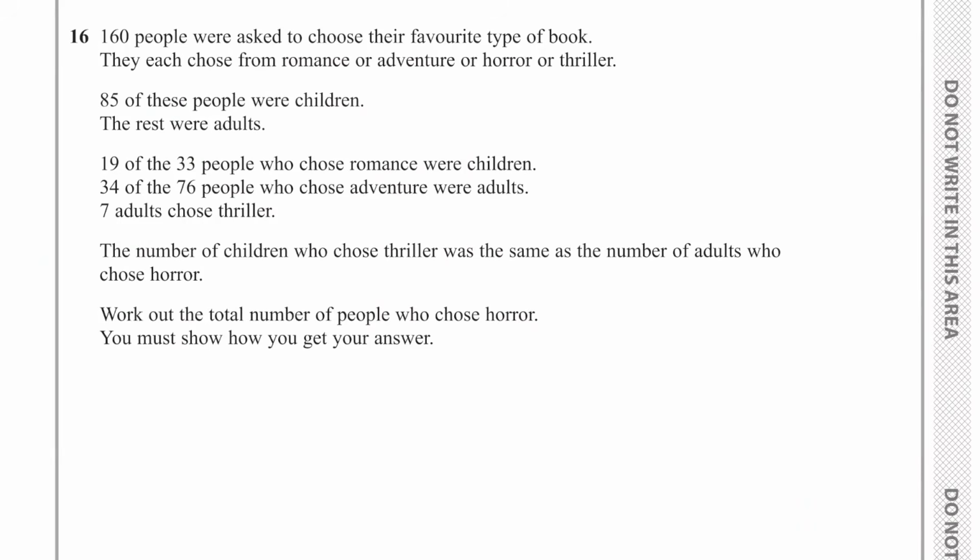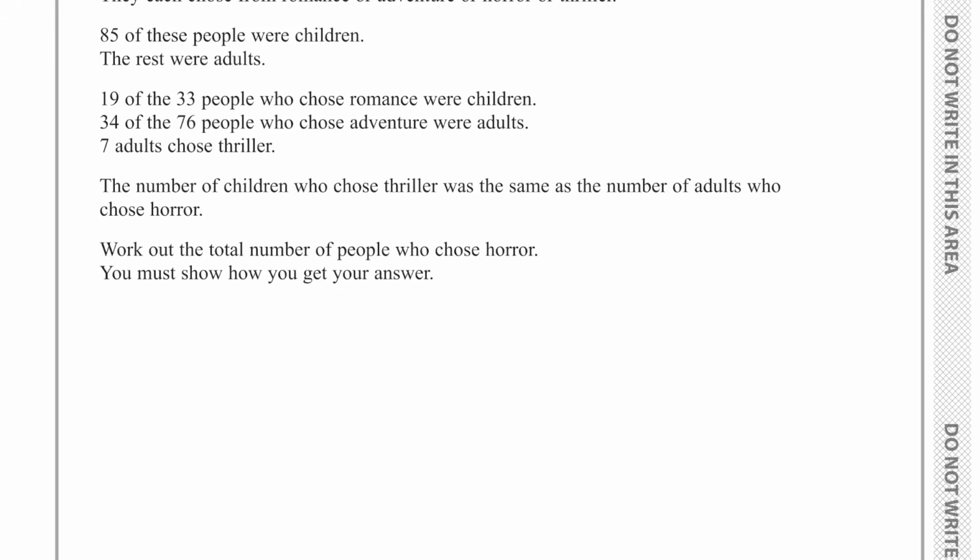Question 16. 160 people were asked to choose their favourite type of book. They chose from romance or adventure or horror or thriller, so 4 options. 85 of these people were children. The rest were adults. So what I'm going to do, we're going to draw a 2-way table for this.